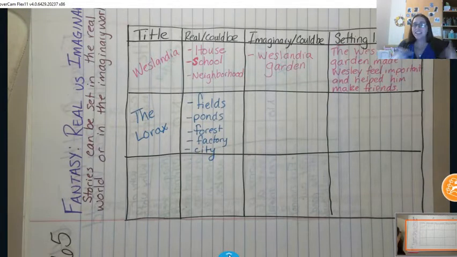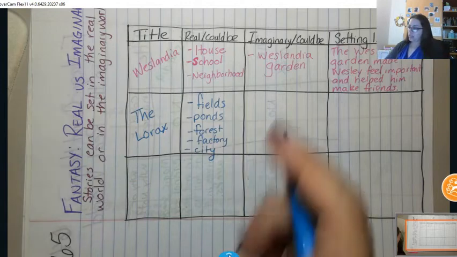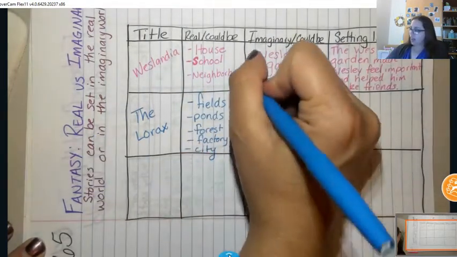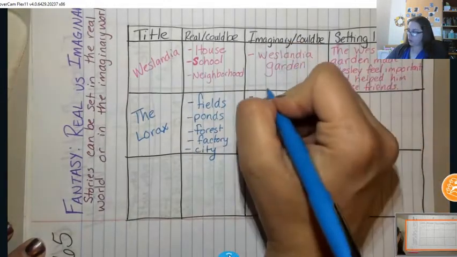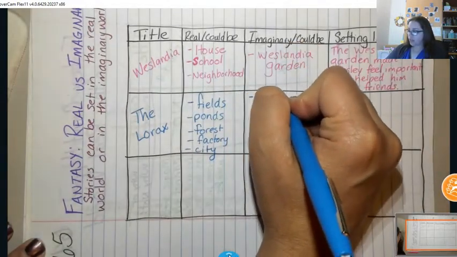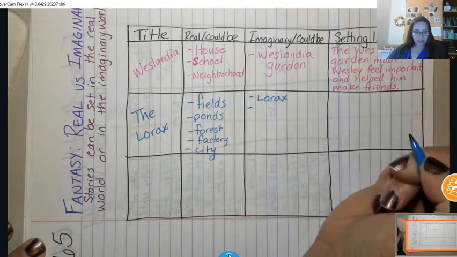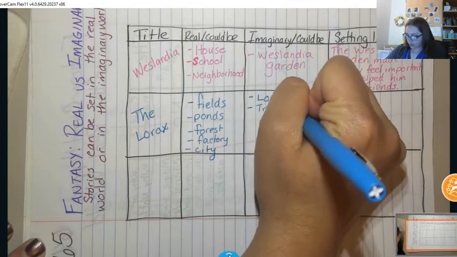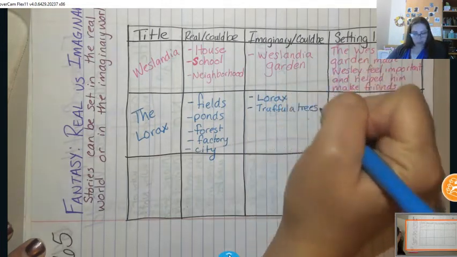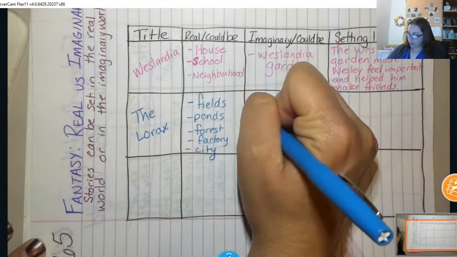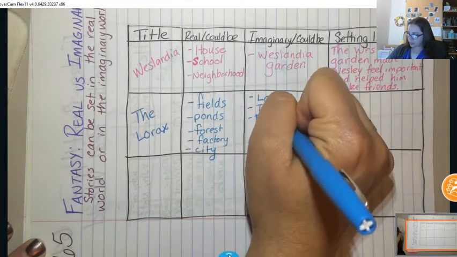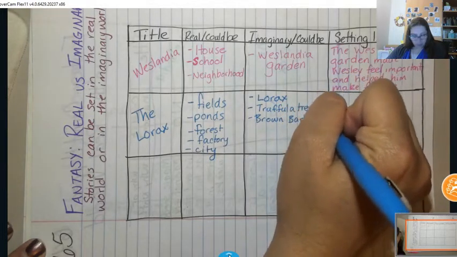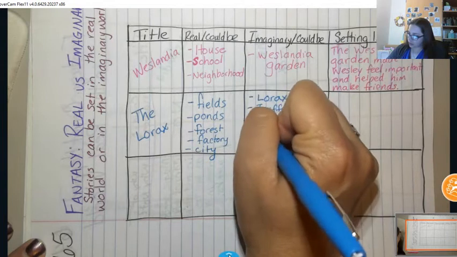But inside of that story, we have some pretty amazing things, some imaginary objects and animals that don't exist in our current world. For example, the Lorax himself does not exist. We do not have truffula trees, the brown barbaloots, hummingfish.